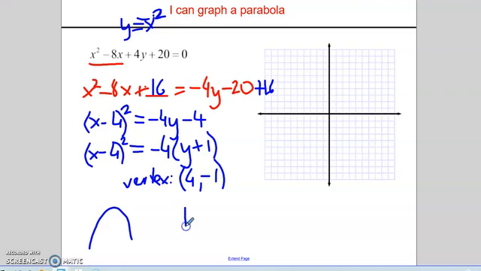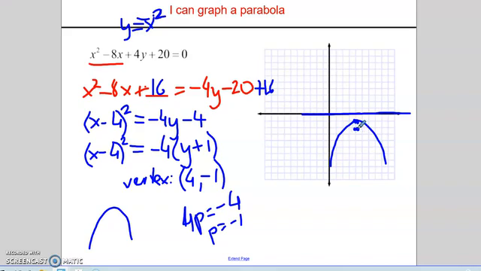Then my p value: I've got 4p is equal to negative 4. Solving for that, p is equal to negative 1. I take the absolute value of that, so it's going to be 1. Then I'm going to move up and down from the vertex. The vertex is at 4, negative 1, and it's a downward facing parabola. The directrix is going to be 1 above the vertex, and the focus is going to be 1 below.